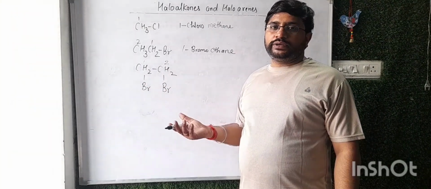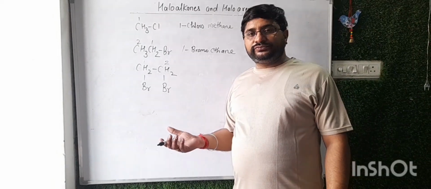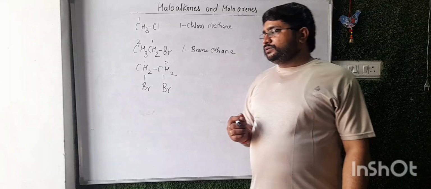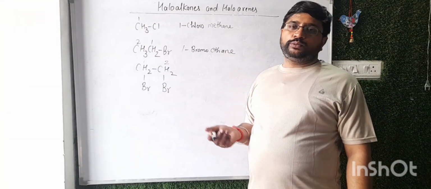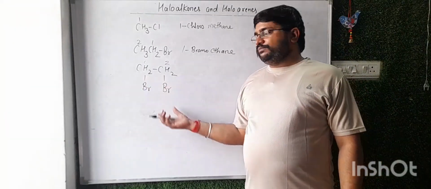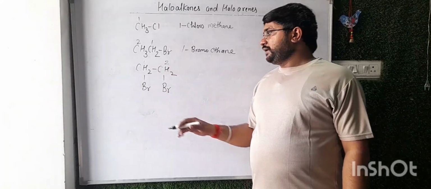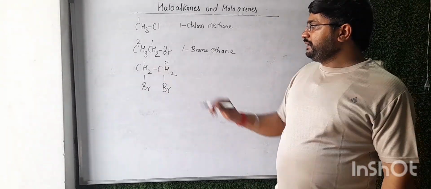This position is known as the vicinal position, when the same halogens are present on the first and second carbon. So we also say vic-dibromoethane, but for IUPAC we write the locant positions first, which are first carbon and second carbon.